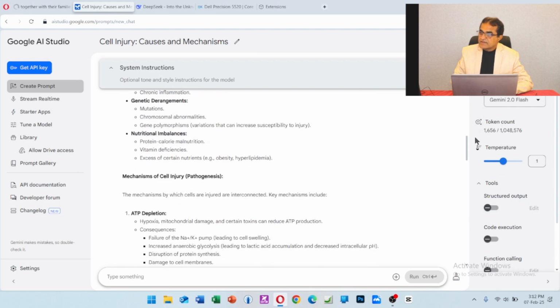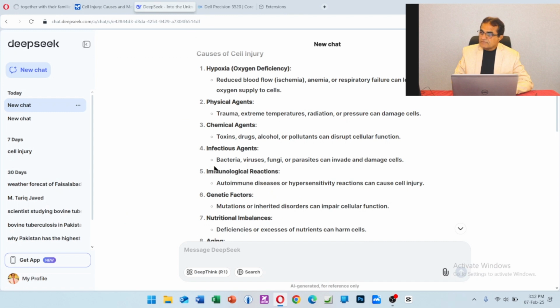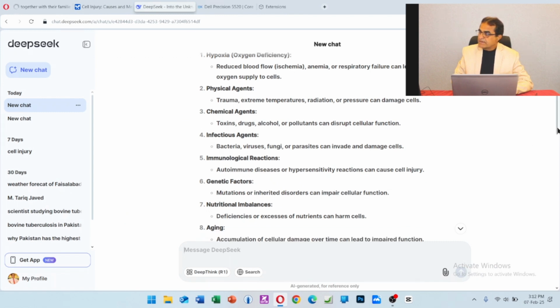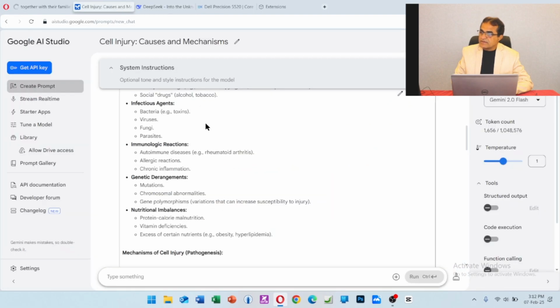It has missed aging. Here, aging is also there. Okay, so there are 8 causes given here. This Google AI Studio missed aging.